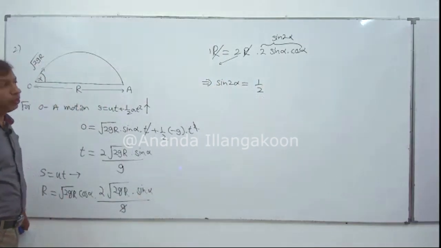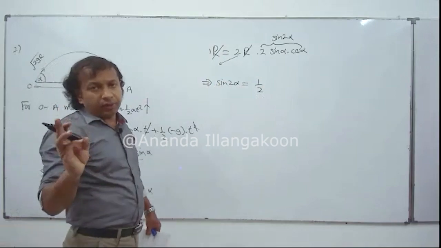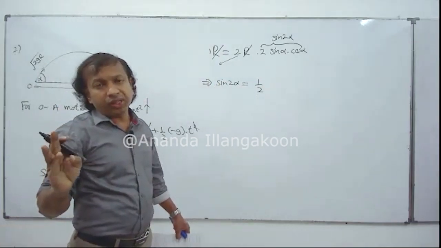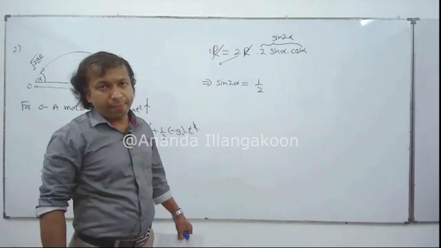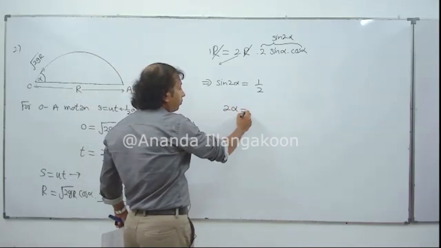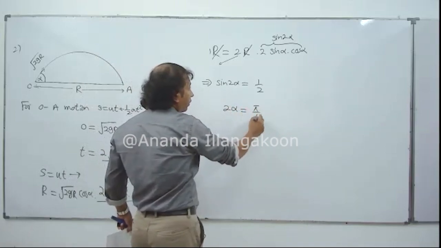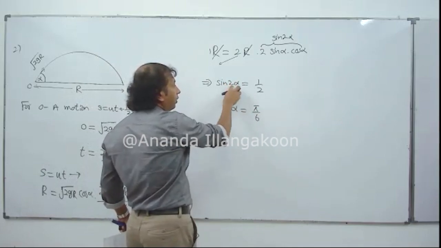What does sin 2 alpha equals half mean? Tell me, people, which 2 angles give a sine of half. The first one is 2 alpha equals pi by 6. If here we have 30, 30 means pi by 6, no? Sine 30 is half.